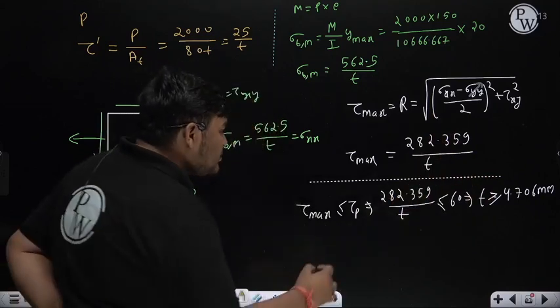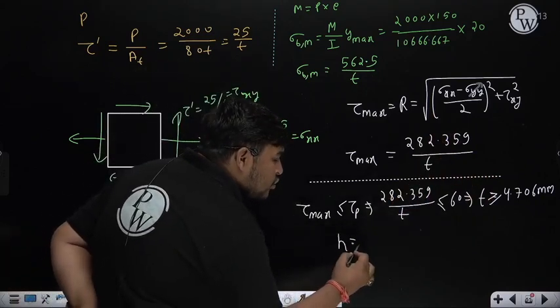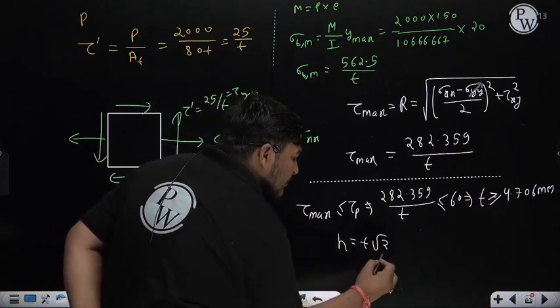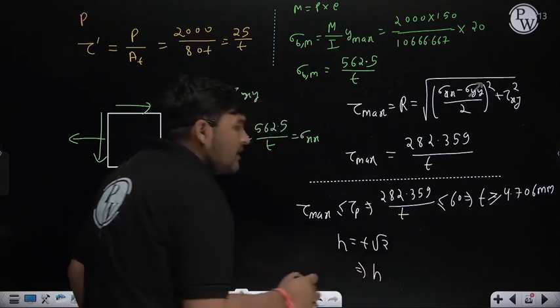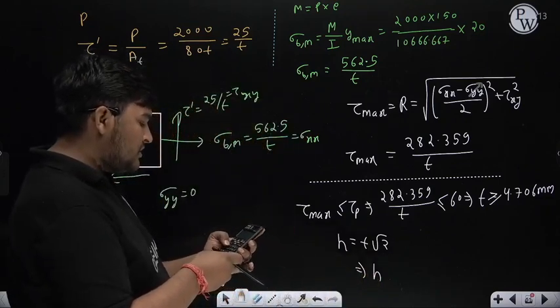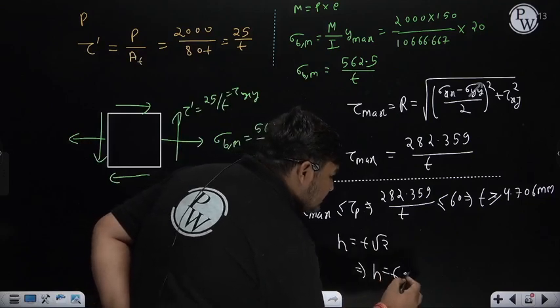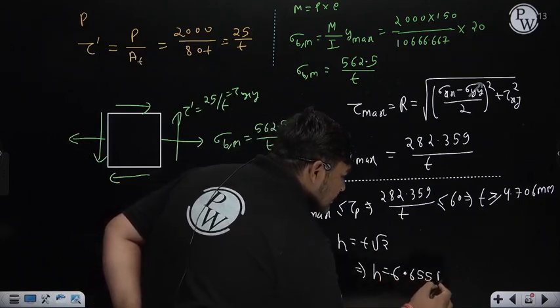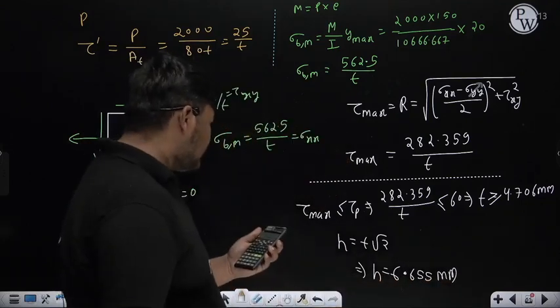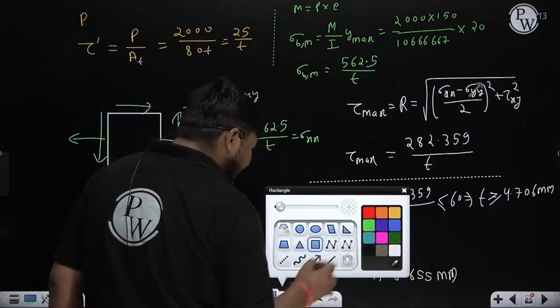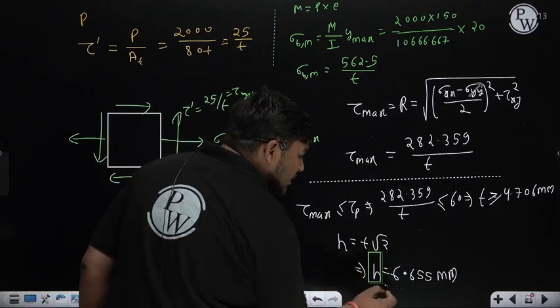Now our objective is to calculate the leg of the weld. Throat is h by root 2, so h will be t into root 2. So if we calculate the leg of the weld, it will come 4.706 into root 2. After solving, it is coming 6.655 mm. You can check the calculation. So this is the leg of weld, and actual leg should either be equal to this or more than this.